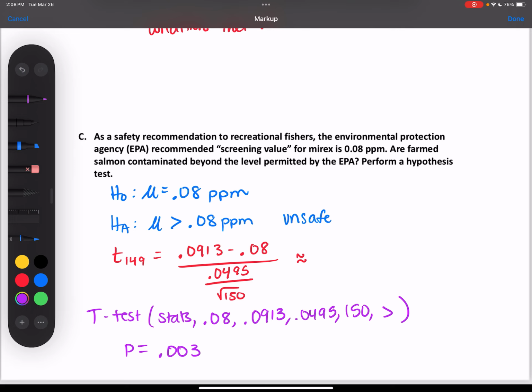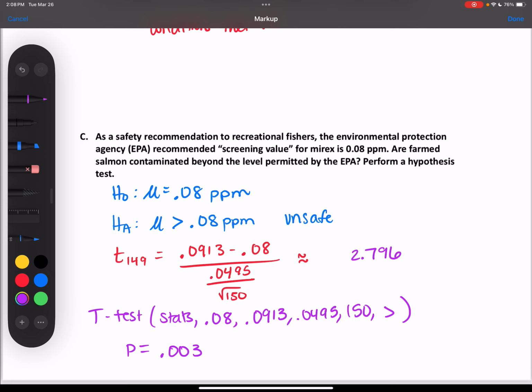T is 2.796. Now, if you actually work this by hand it might be a little over or a little under, because they're getting an actual value. But anyways, we could find that just by looking at our t-chart as well.